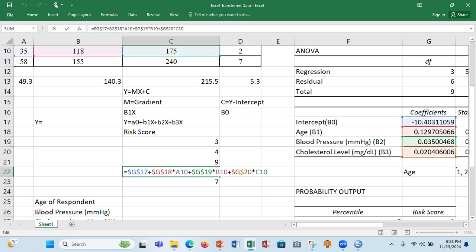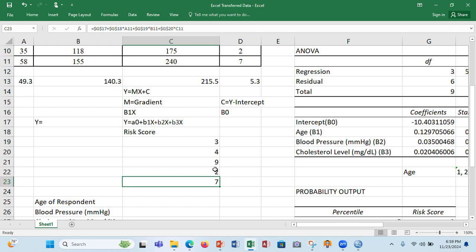So if we know the coefficients, the beta naught, and add a multiplication of the beta values and their corresponding variables, we can predict what actually happens to the risk score, to the dependent variable. So when we know the independent variables, we can easily predict the dependent variable.